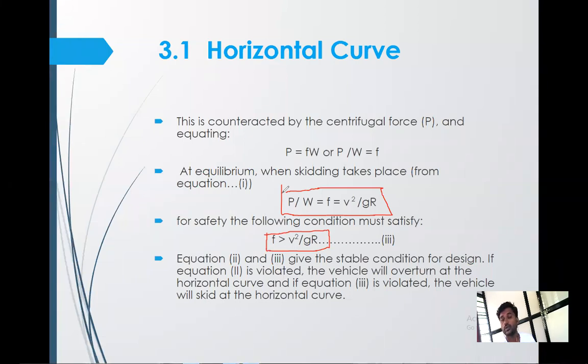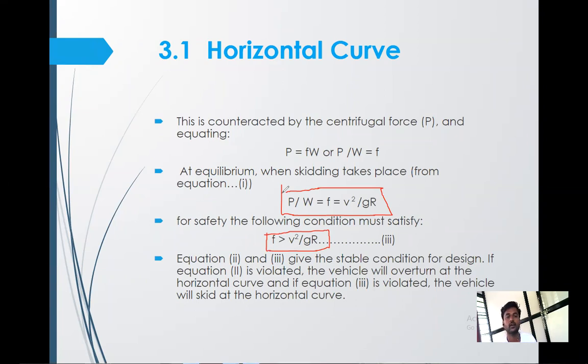Here f is the coefficient of lateral friction. That is very important. If you want, write in the next line: f = P by W = V square upon gR. In the next line, write f = coefficient of lateral friction. It is very important.